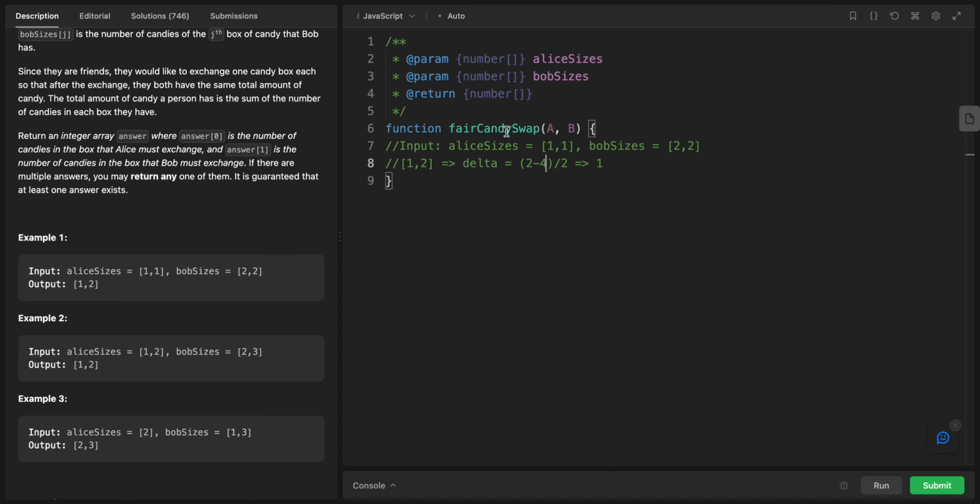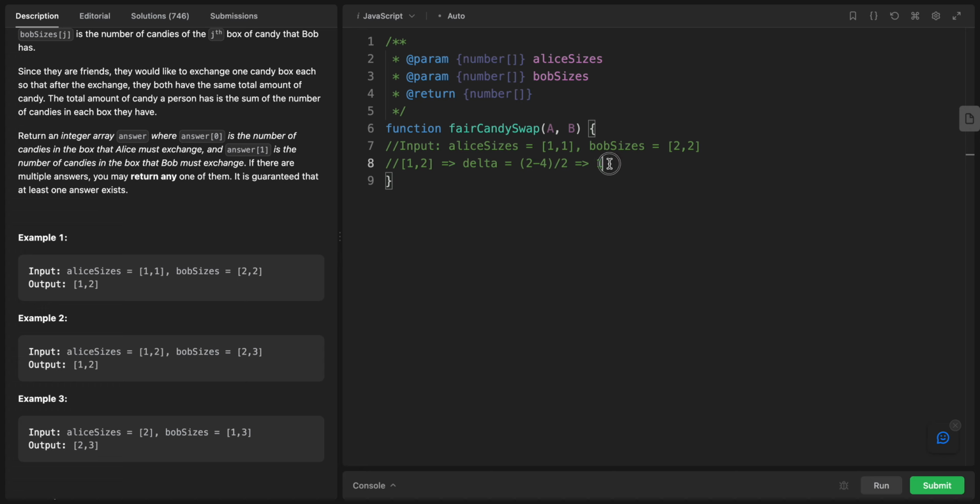Sorry for that. So basically, if Alice gives x value, she expects to receive x plus the delta.